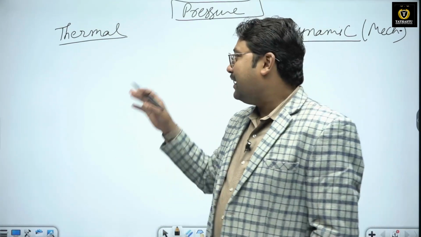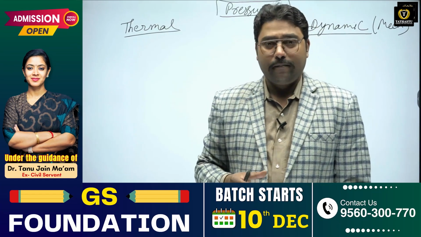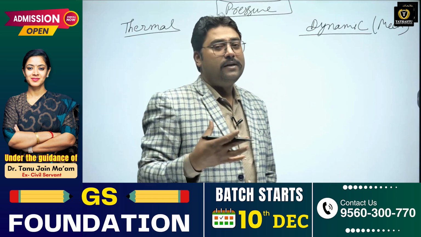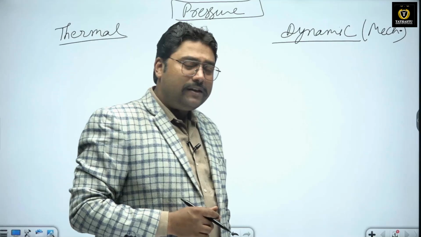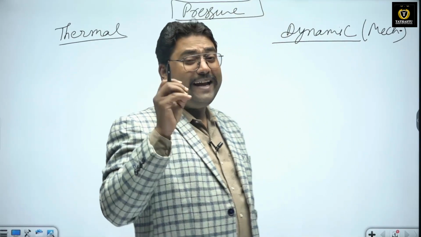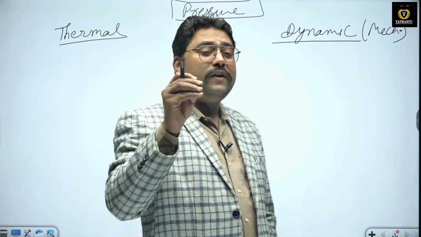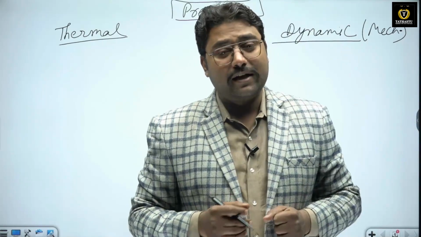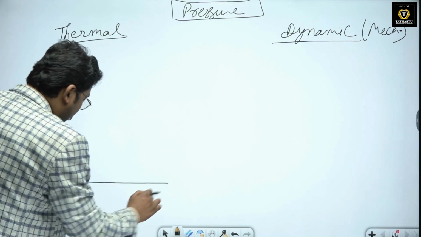In thermal pressure, the solely governing factor is temperature, so according to the temperature, the pressure of the place will be governed. In mechanical or dynamic pressure, the temperature is not affecting the pressure of that place, but rather the movement of air, or wind, is making the pressure. First we are going to see how thermal pressure is formed.